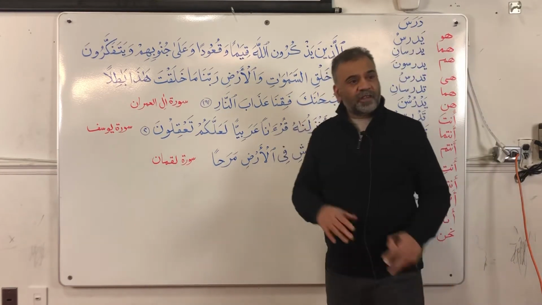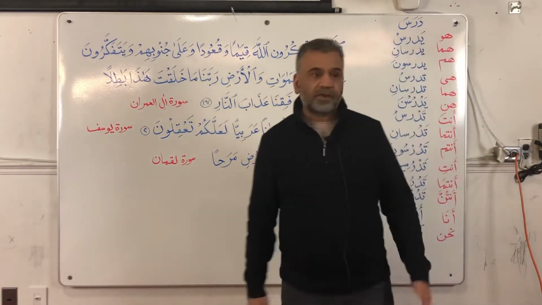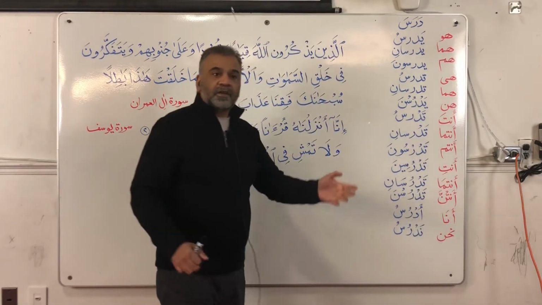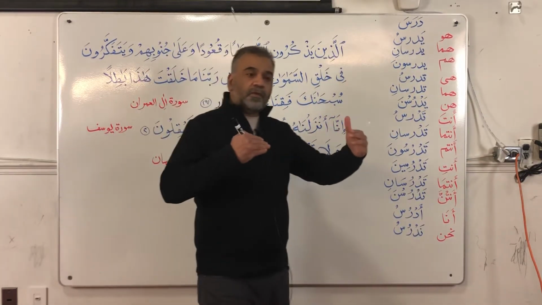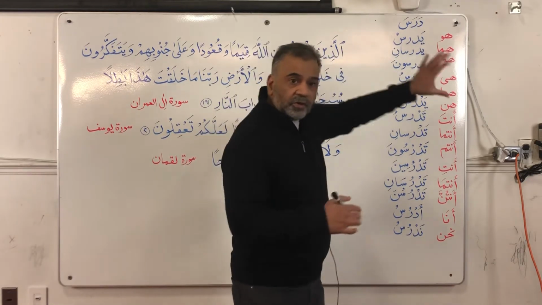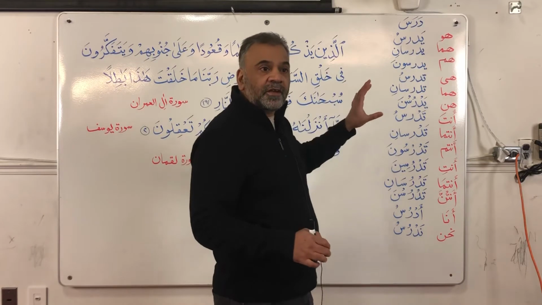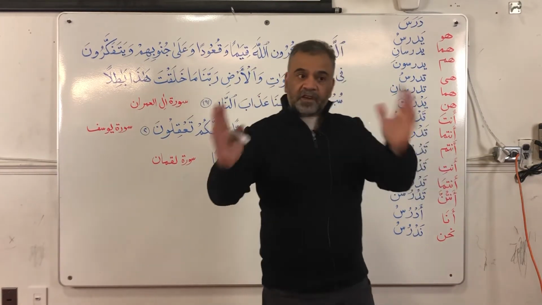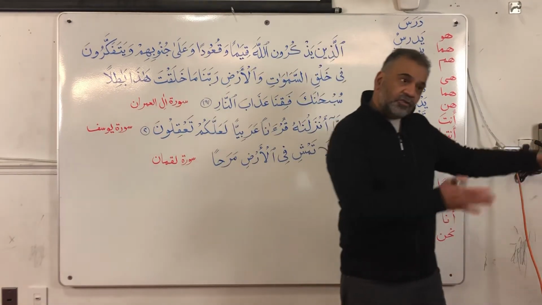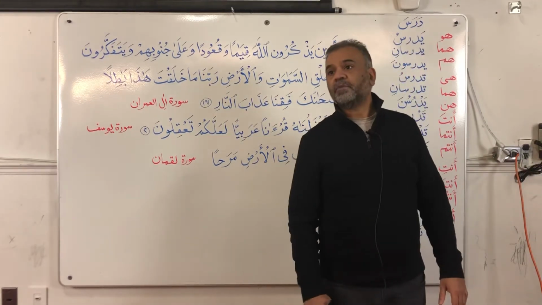Now these are the stages. So the ayah is showing a change in the person who is going through this process. People who are going through their process move from one stage to a second stage and into a third stage. This is what is happening to them.